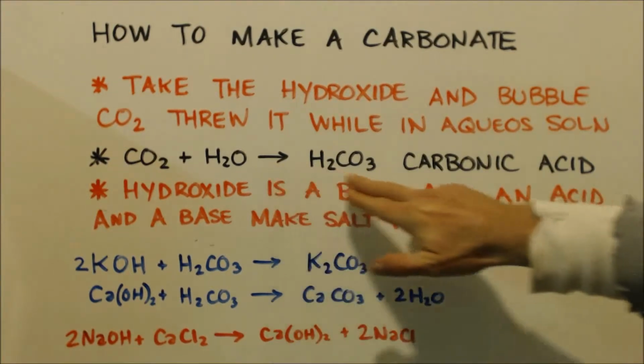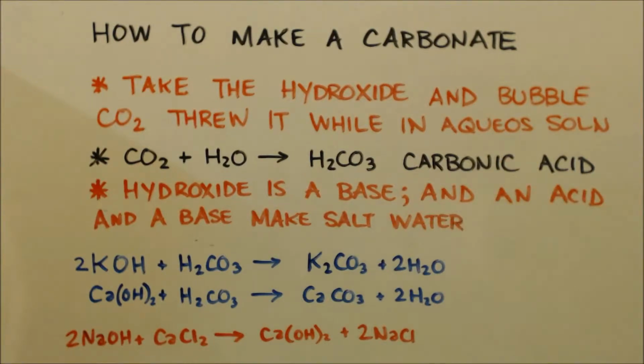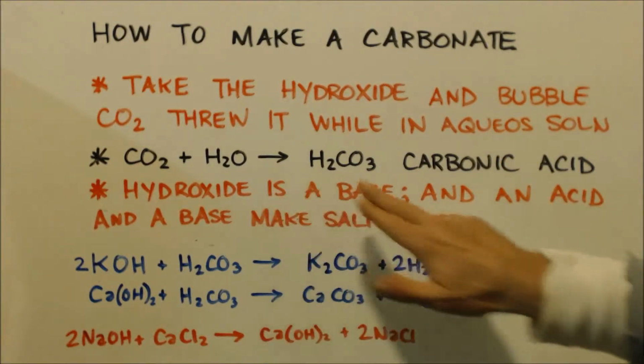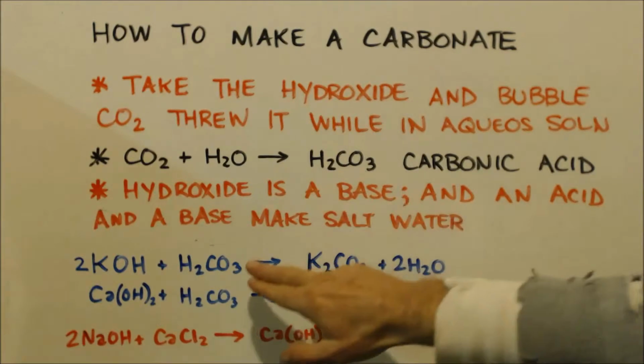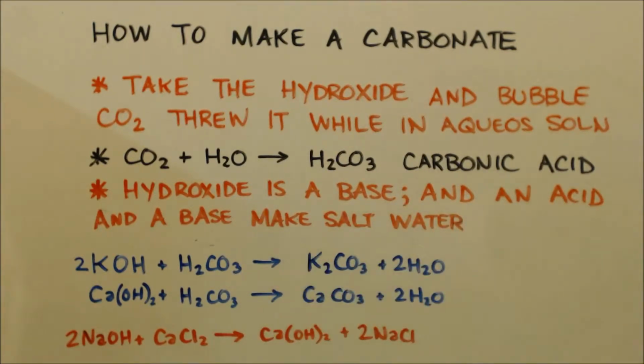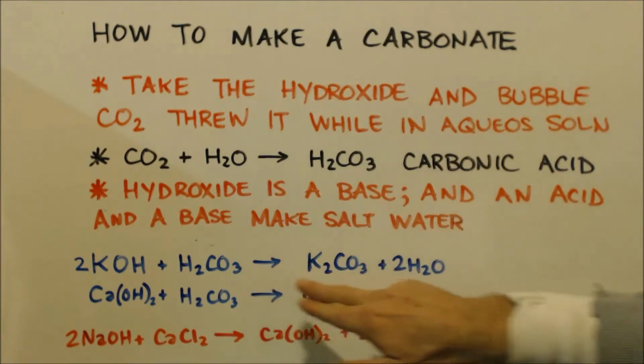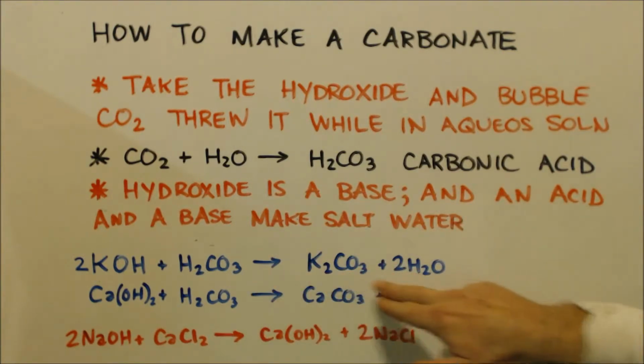CO2 and H2O make carbonic acid, right? And a hydroxide's a base and a carbonic acid's an acid, and an acid and a base make salt and water. So look at these examples. I got potassium hydroxide here. If I put it in water and bubble CO2 through the water, I'd make carbonic acid, and then it would react to make salt water.